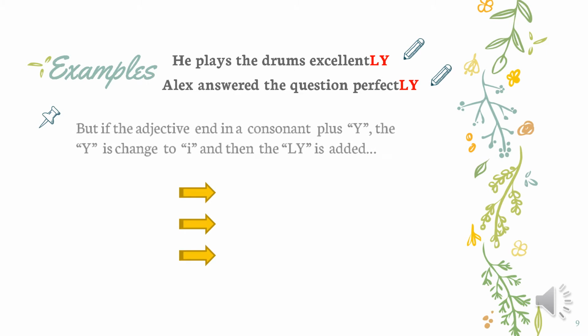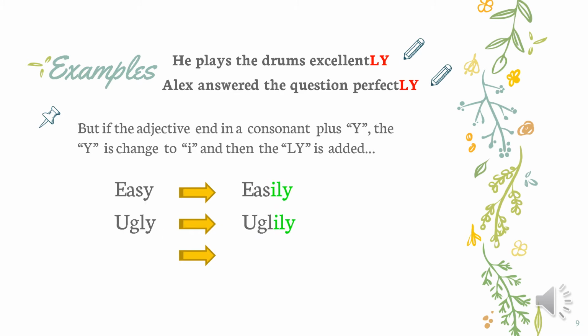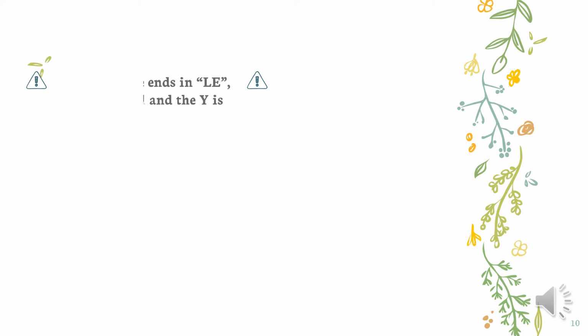But if the adjective ends in consonant plus y, that y is changed to i, and then the ly is added. For example, easy, easily, ugly, uglily, dry, dryly. If the adjective ends in e, the e is deleted and the y is added.